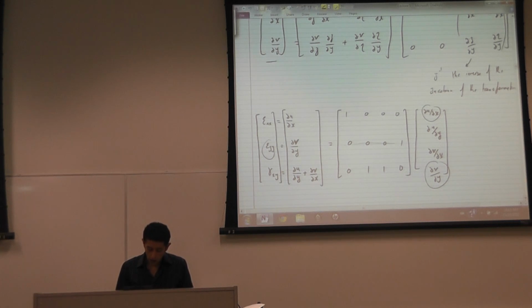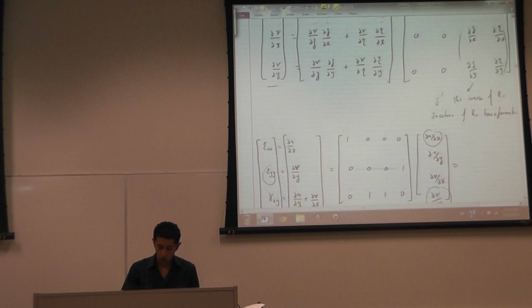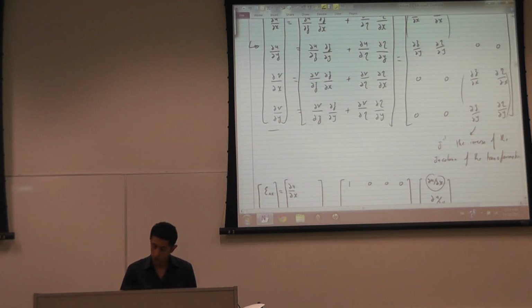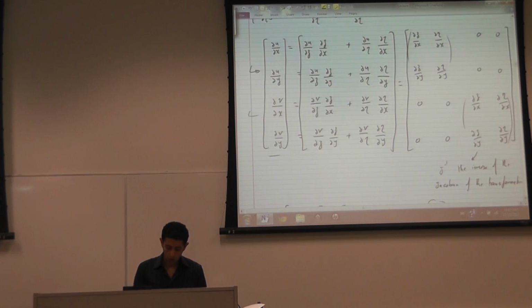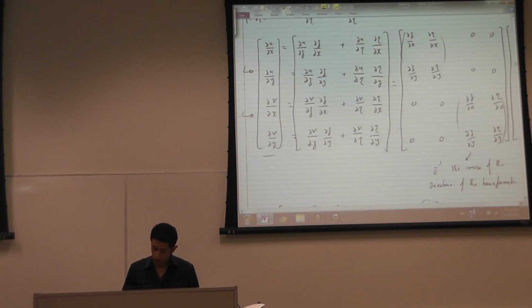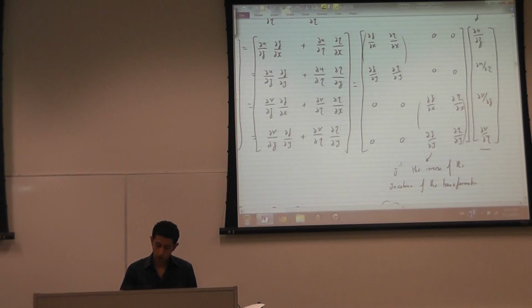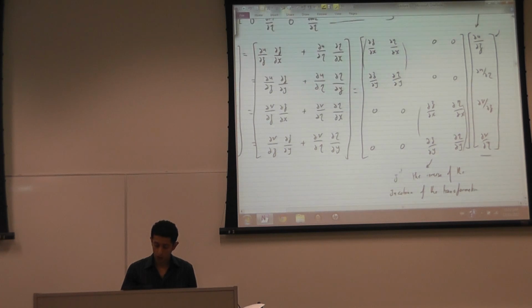Now, I can replace all these partial u by partial x, partial u by partial y, partial v by partial x, partial v by partial y, I can replace it with this vector, which is a function of this vector, which is the derivatives in the perfect coordinate system.